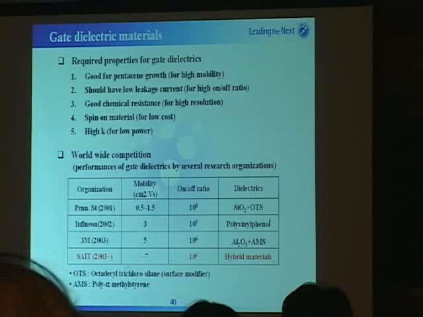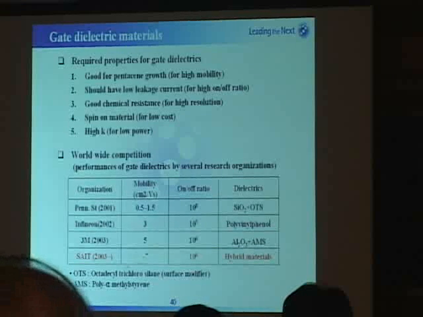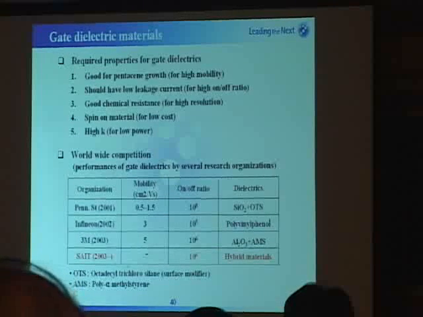Required properties for gate dielectrics are good for pentacene growth to get a high mobility, low leakage current for high on-off ratios, good chemical resistance, smooth surface, and high k.